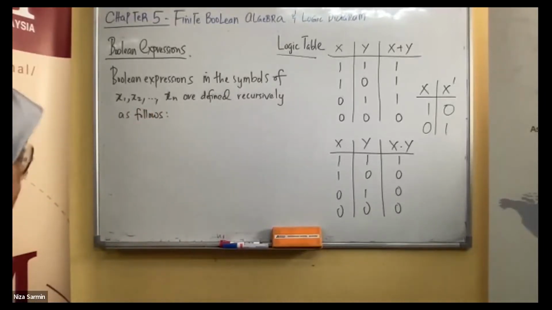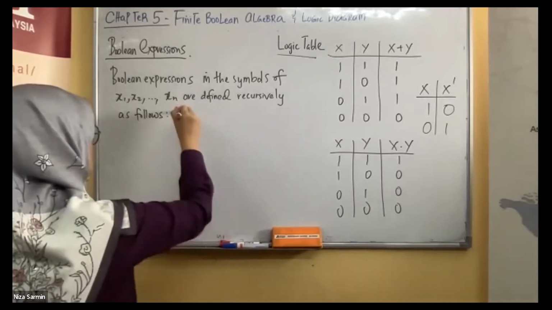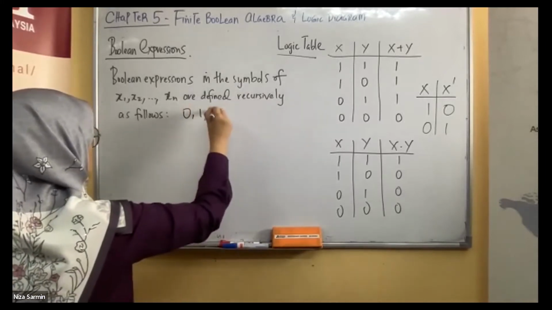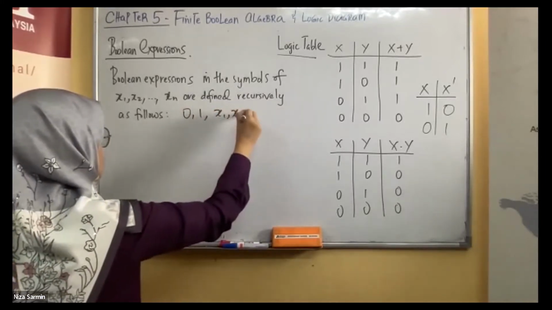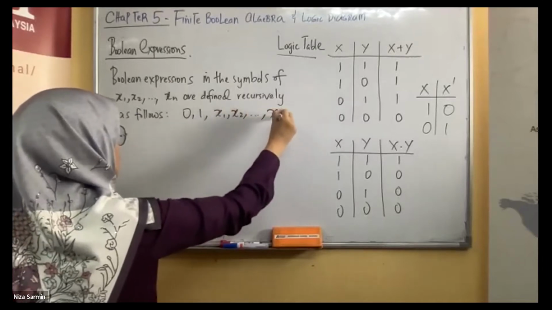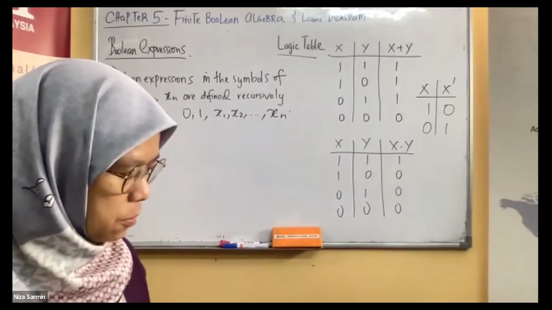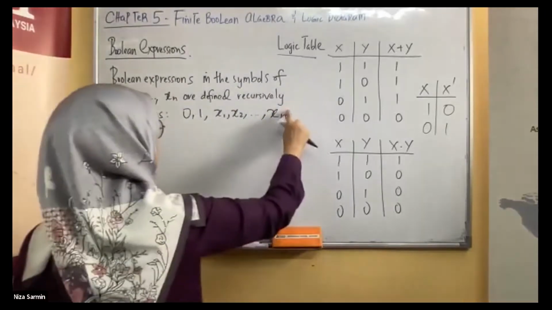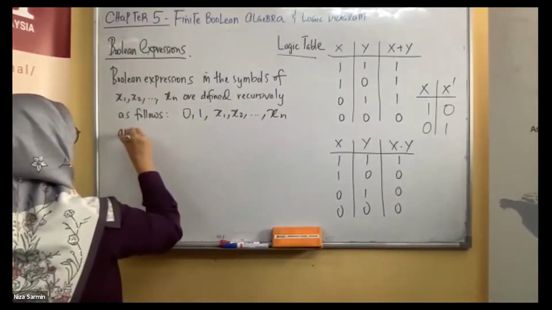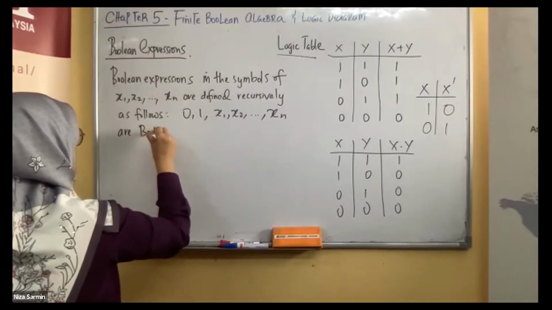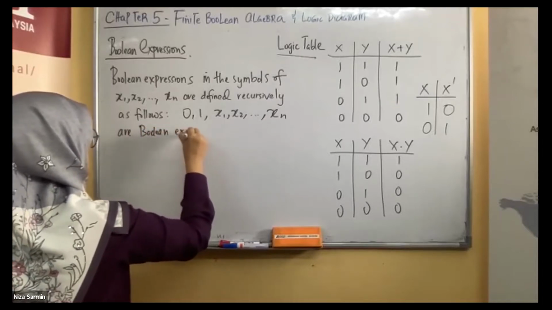We have 0, 1, x1, x2 until xn. You see how we put this expression. So these are Boolean expressions.